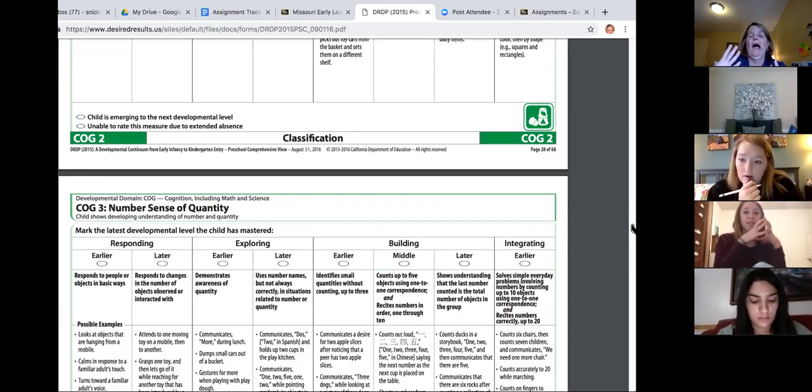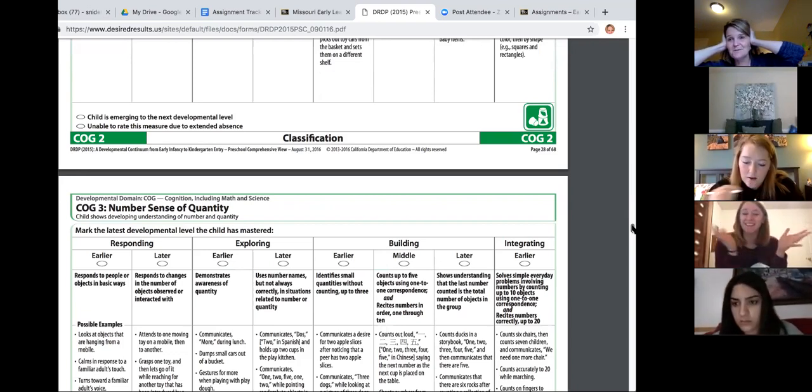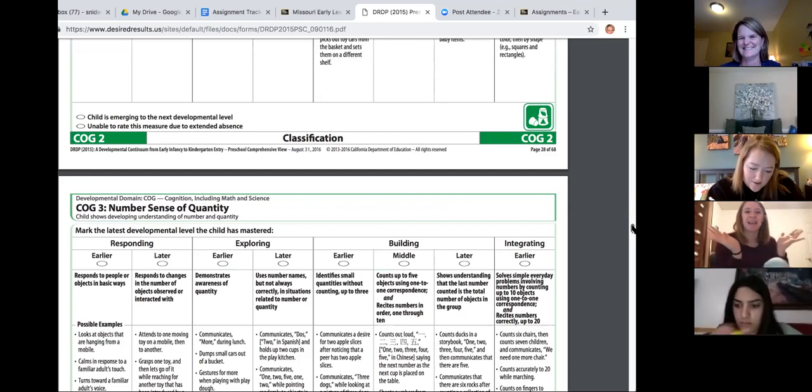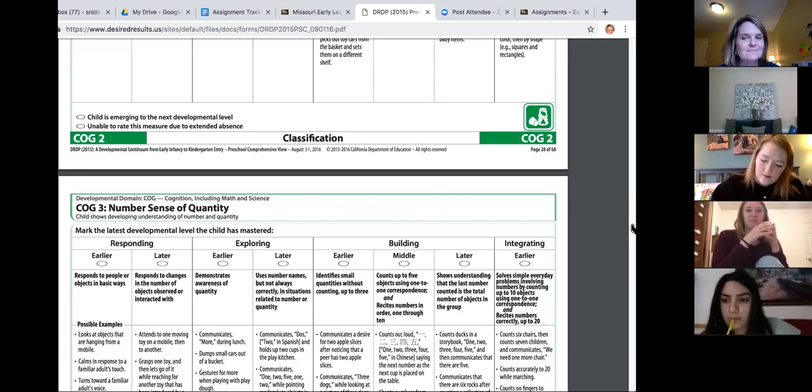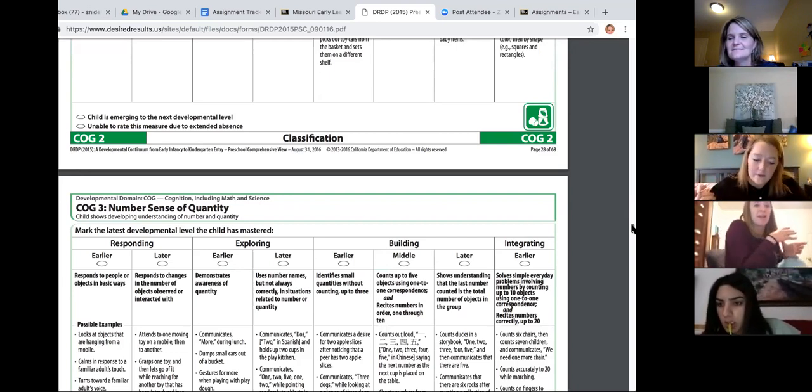It looks like real ice cream. Did you see me go, what? You were on Pinterest? I wanted to see if there was a way to make fake ice cream, Play-Doh ice cream, but it has the consistency and everything of real ice cream.